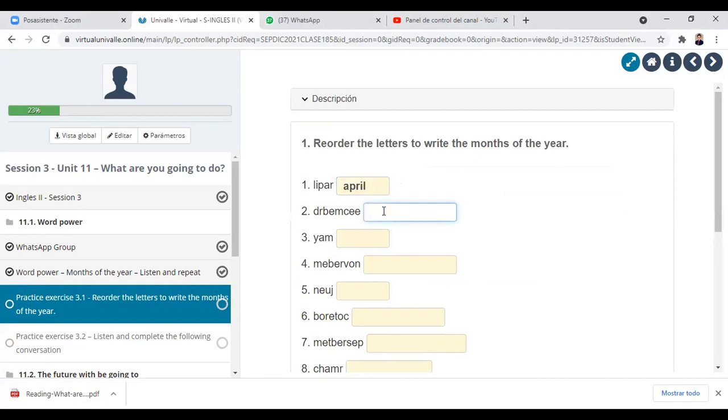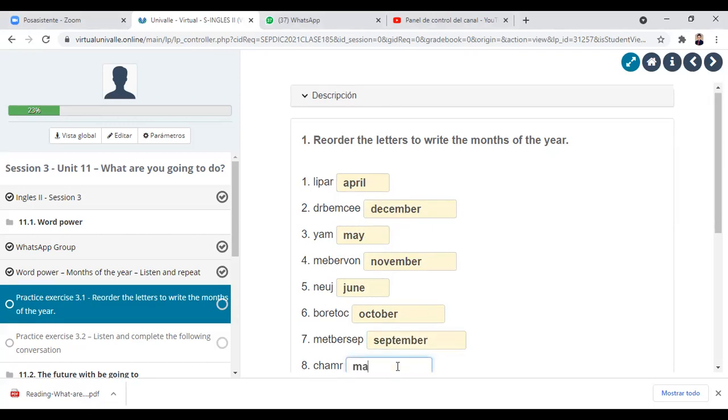And this one is December, the third one is May, the fourth one is November, the fifth one is June, the sixth is October, the seventh is September, the eighth is March.